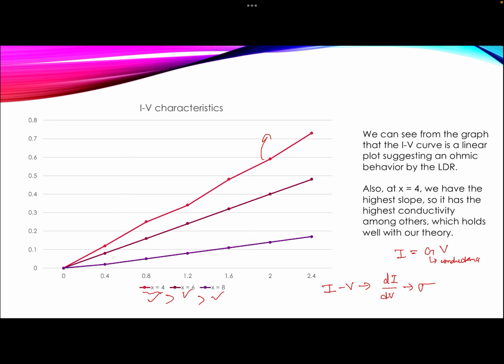At x equals 4 we have a greater slope. That means sigma at 4 centimeters is greater than sigma at 6 centimeters, which is greater than sigma at 8 centimeters.